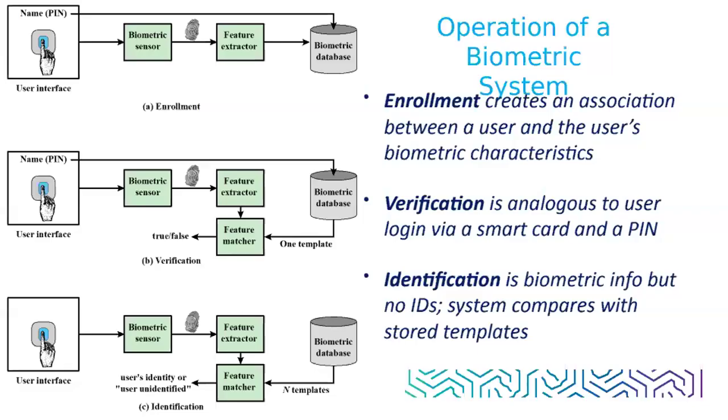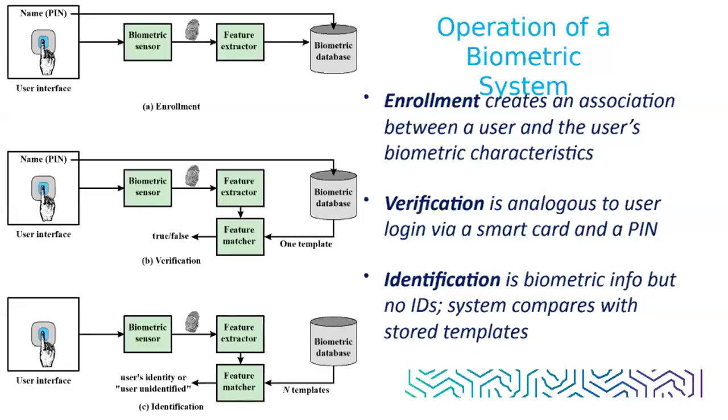When you look at the operations of a biometric system, there is first enrollment, then verification, then identification. We have seen various categories of biometrics, right? A biometric system's operation is mainly handled in these three phases: the first is enrollment, the second is verification, and the third is identification.